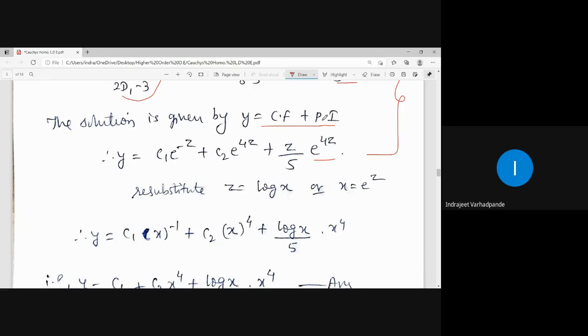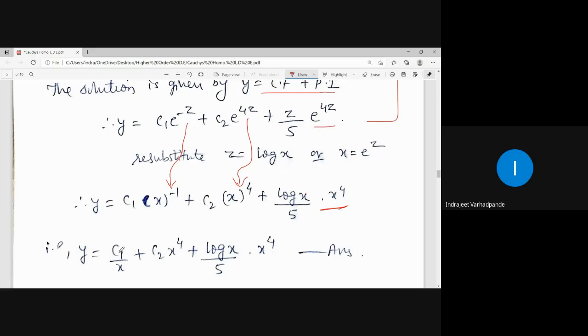So e to the power minus z is nothing but x to the power minus 1. E to the power 4z means x to the power 4. Z is log x. E to the power 4z is again x to the power 4. So the final answer will be written as y is equal to c1 upon x plus c2 x to the power 4 plus log x upon 5 into x to the power 4.